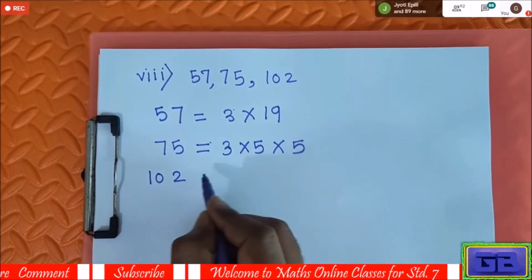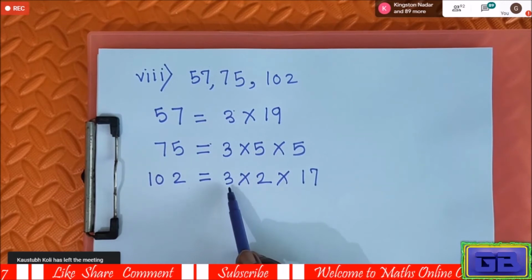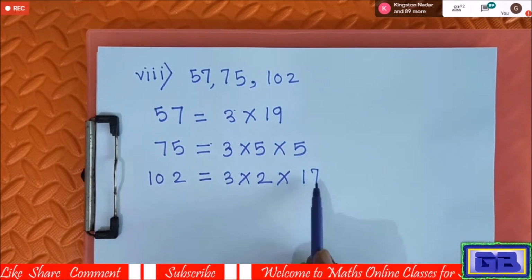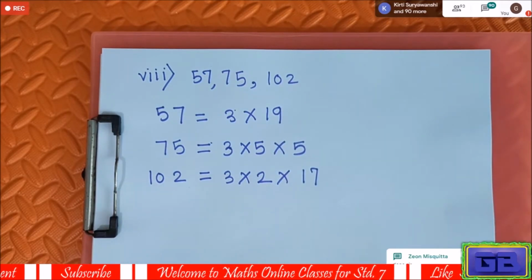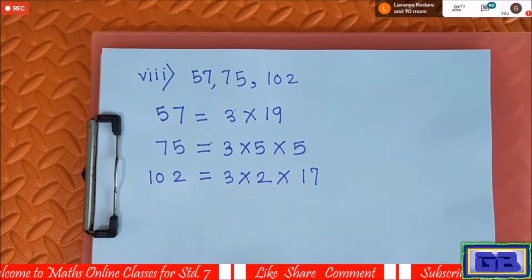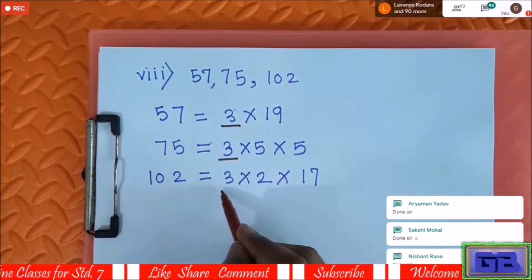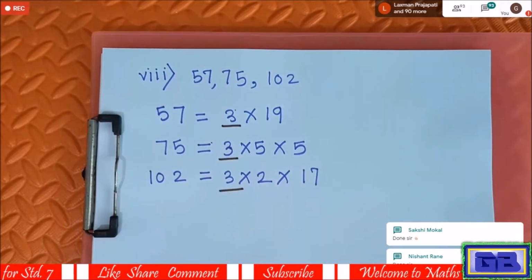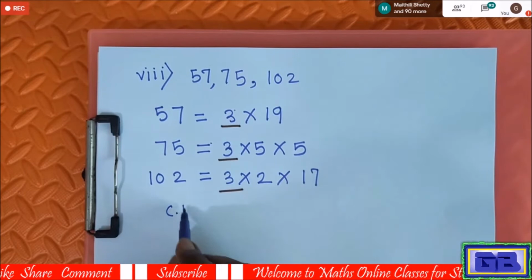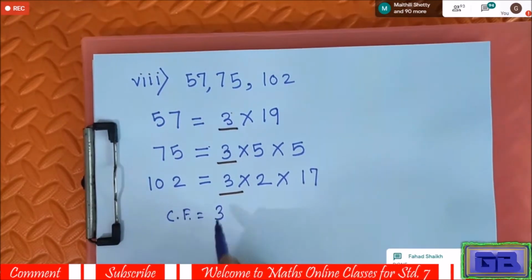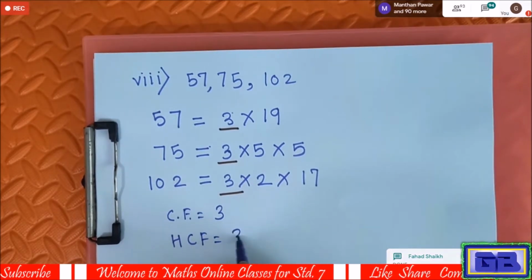Next number is 102. Here 3 2s are 6 and 17 6s are 102. Underline the common factors: 3, 3, 3. No other factors are common, therefore common factor 3, HCF equals 3.